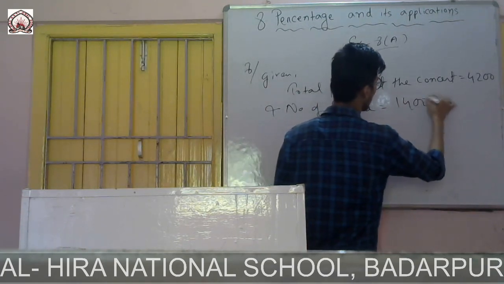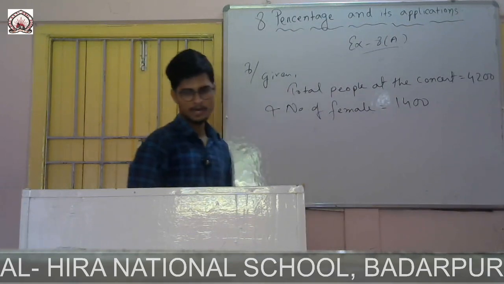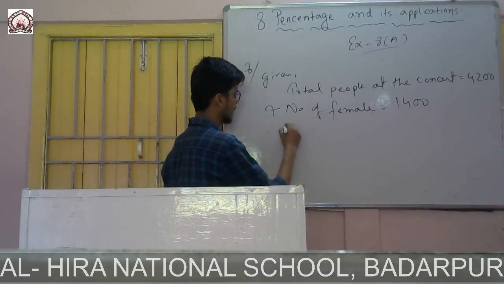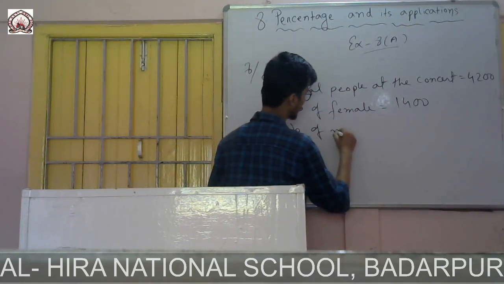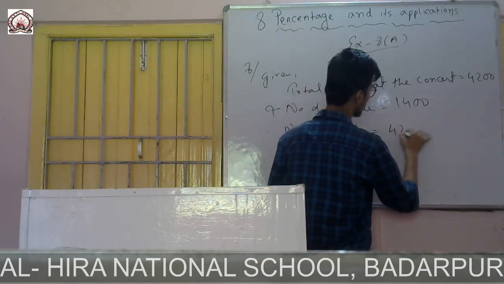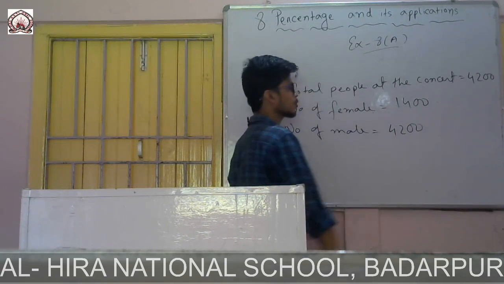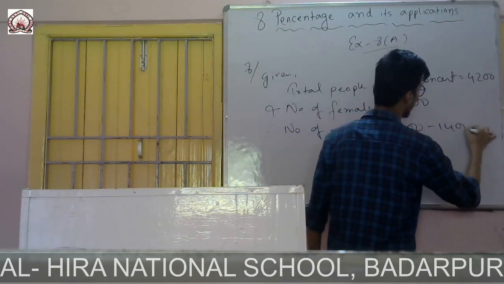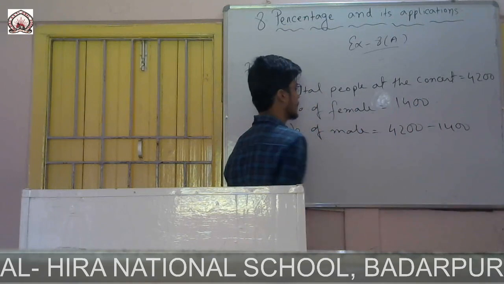Now we can find the number of male. Therefore, number of male equals total, which is 4200, minus 1400. This is the number of male people.